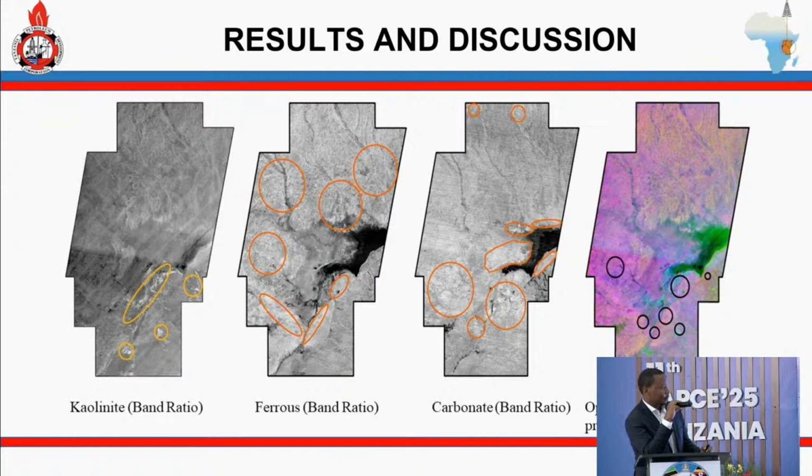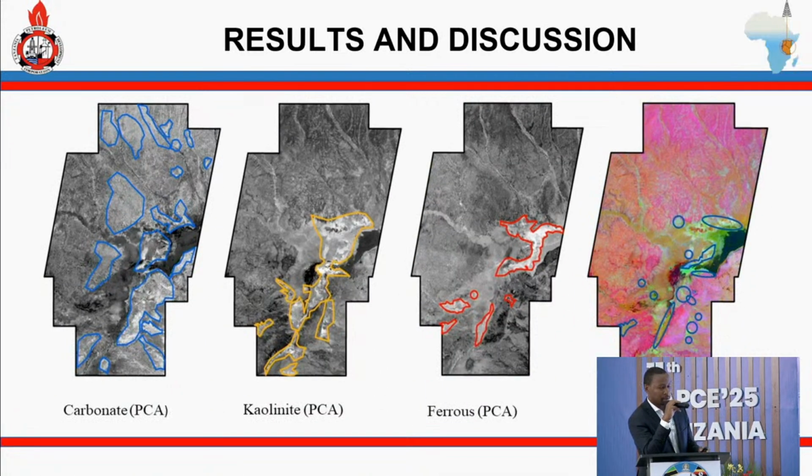In terms of results, you can see we are able to map the kaolinite using the band ratioing. We are able to map the ferrous. We are able to map the carbonates, and also the last image is the combination of the three effects, which will optimize the three studied effects from each alteration.